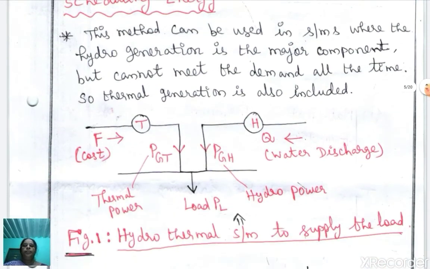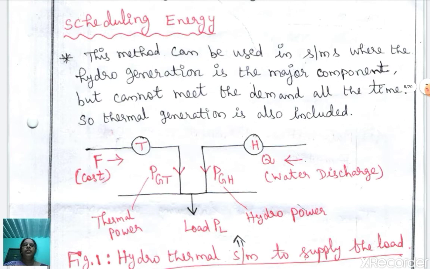Scheduling energy. This method can be used in power systems where hydro generation is the major component but cannot meet the demand all the time. So, thermal generation is also included. Now, you see the diagram. The figure represents the hydrothermal system supplying the load.